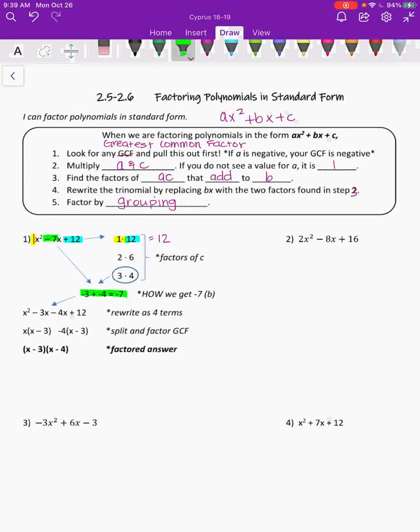Okay. Step 4, rewrite your trinomial and replace negative 7 with the two numbers we found before. So negative 3 and negative 4. Okay, so when we rewrite it, we write it x squared minus 3x minus 4x plus 12, because that minus 3x minus 4x is what gives us negative 7x in the original problem.